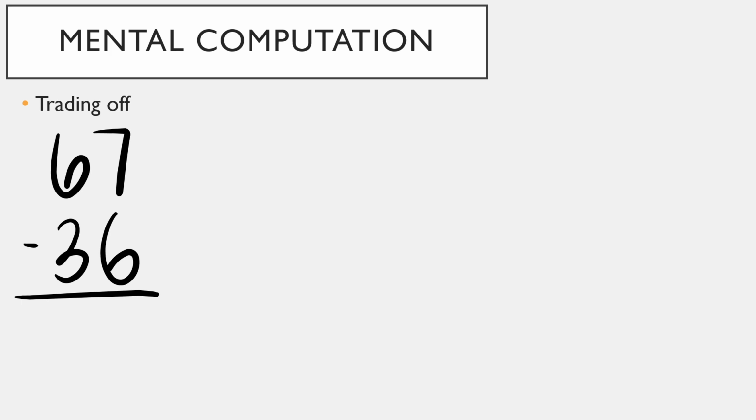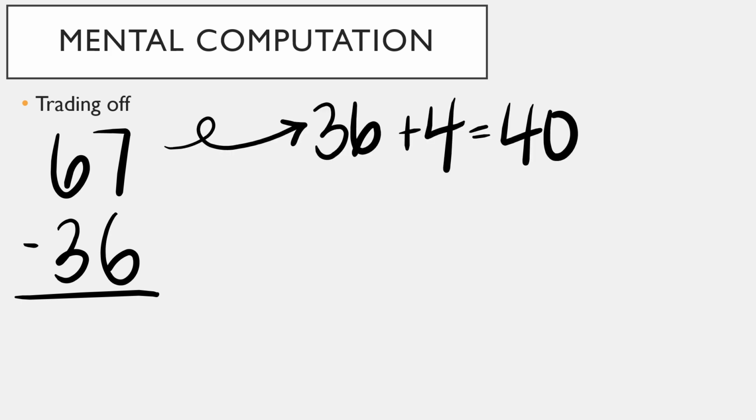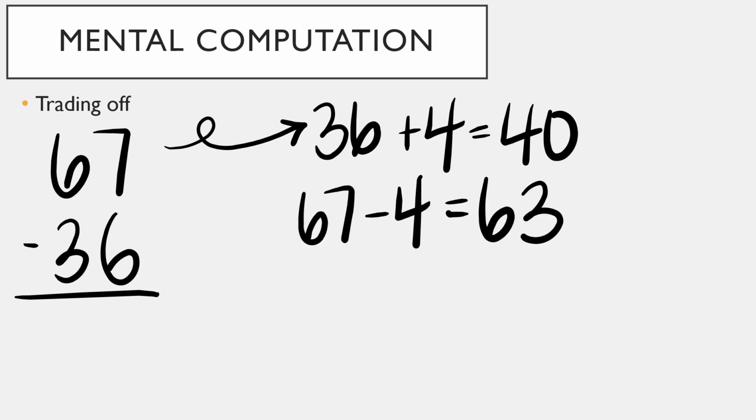The next method is called trading off. Trading off is where you try to make your minuend end in 0. So we're going to take our minuend, add 4 to it to make it 40. Then we're going to trade off and take our subtrahend, add 4 to it to make it 40.